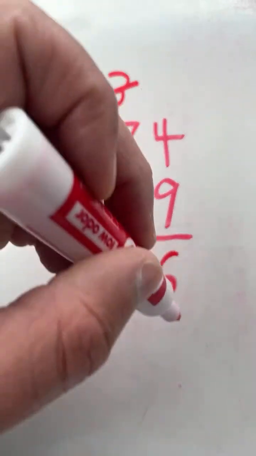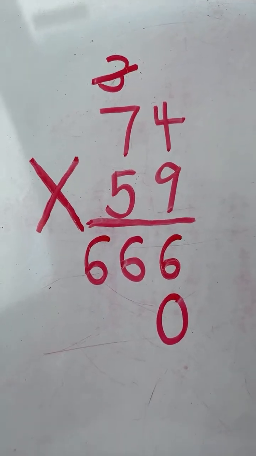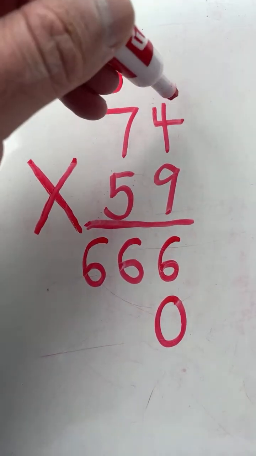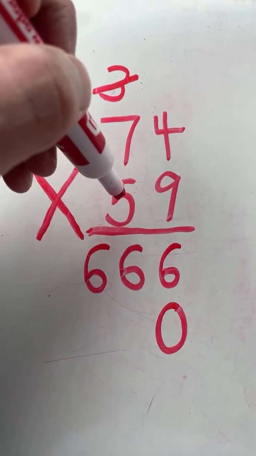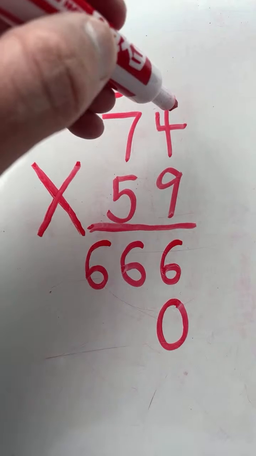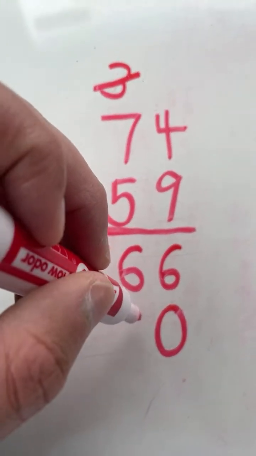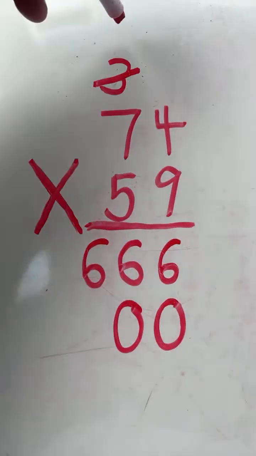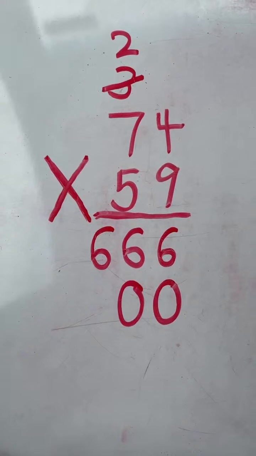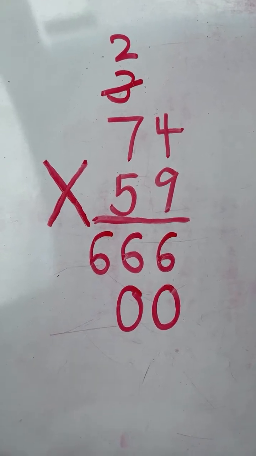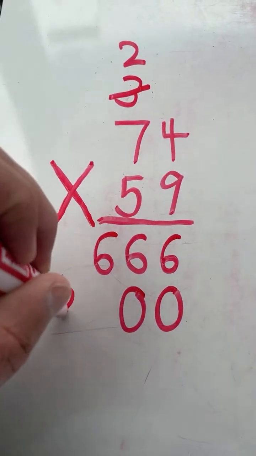So since both digits in the ones place have already been multiplied, we're going to put a 0 in the ones place. 4 times 5 equals 20. So we're going to put the 0, and the 2 gets carried over to the hundreds place. 7 times 5 equals 35. Plus 2 equals 37.